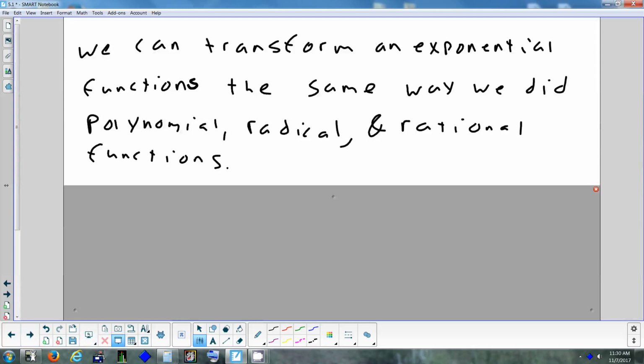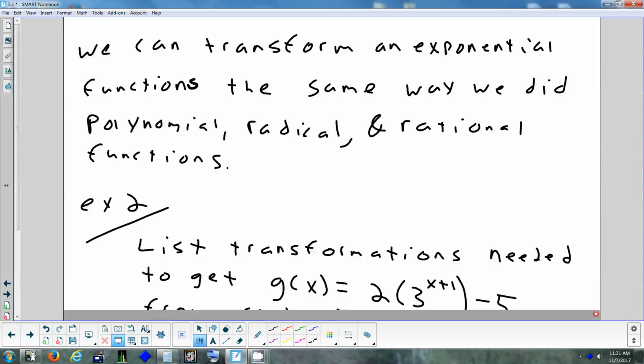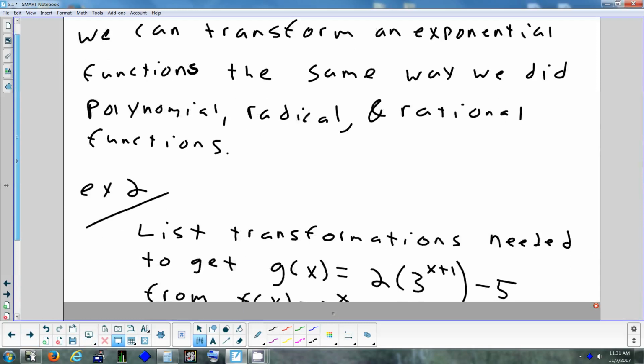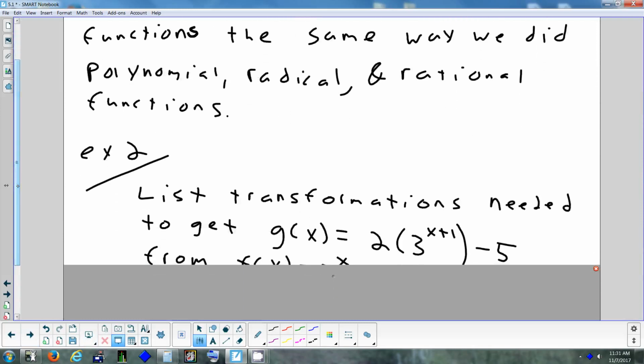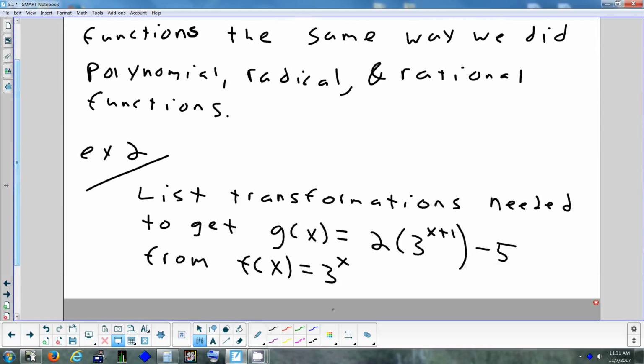Okay, so I'm not going to go through and explain all the transformations again, but I think by now we should know which one is the horizontal shift, the horizontal stretch, the vertical shift, and the vertical stretch. All right, so I want to know how I would transform f of x into g of x. First thing, I just want to make sure we know how many transformations are happening.